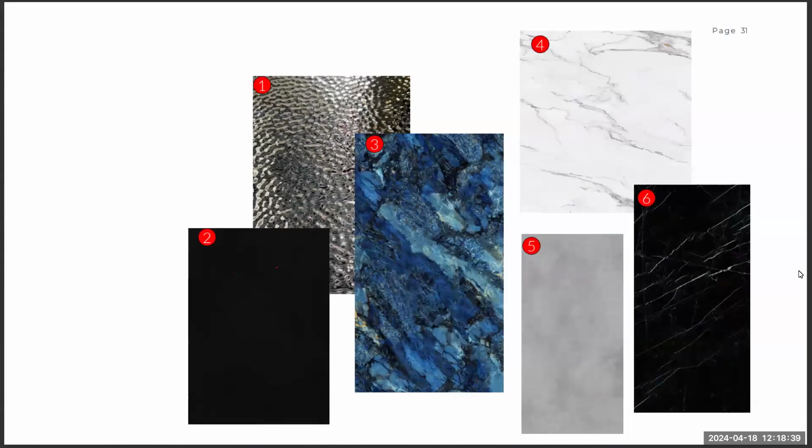The first one is metal, which is more like water, so it can reflect the people and the objectives.